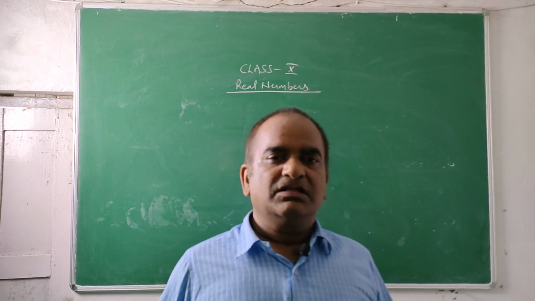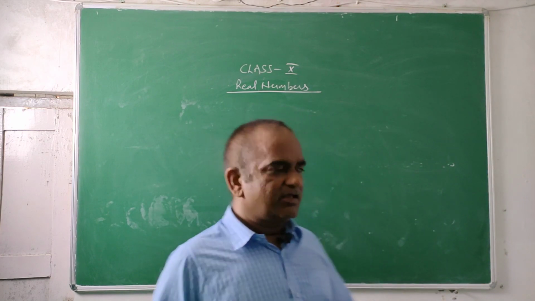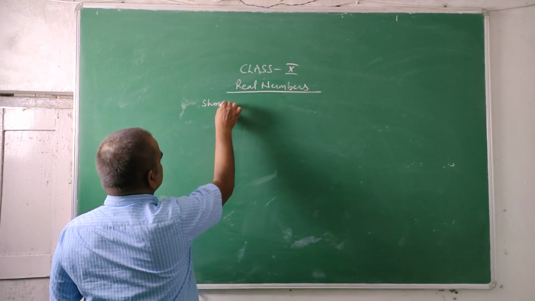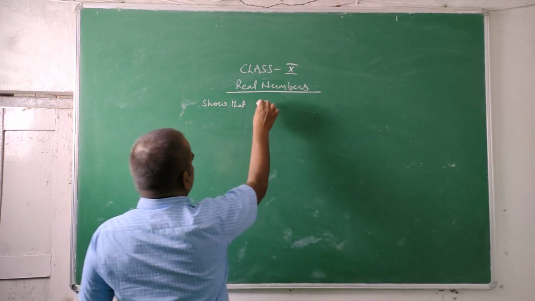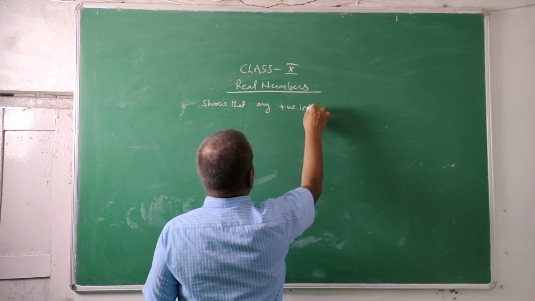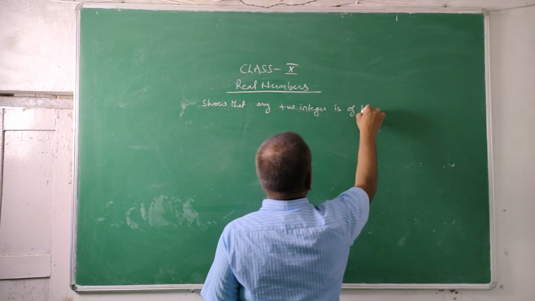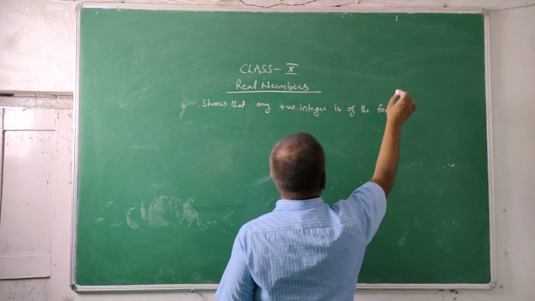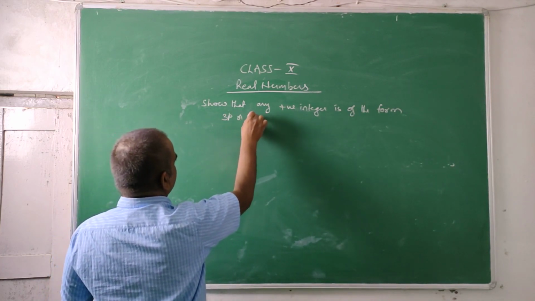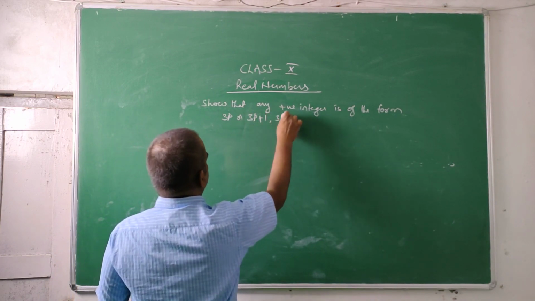Now we'll solve some theorems relating to Euclid's division lemma. These are most important. For example, show that any positive integer is of the form 3p or 3p plus 1 or 3p plus 2.